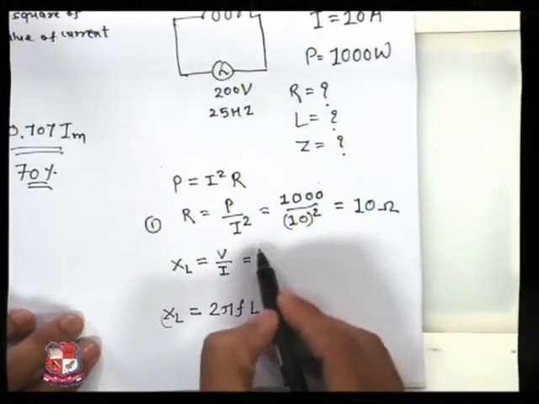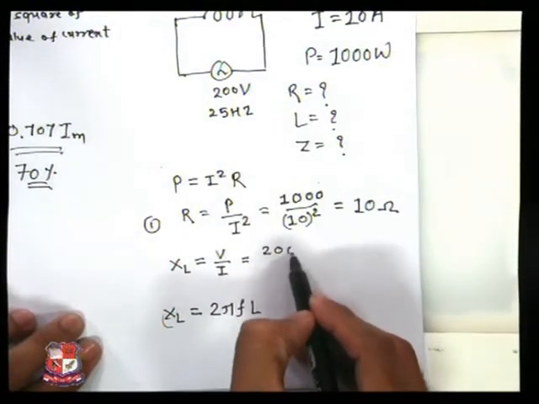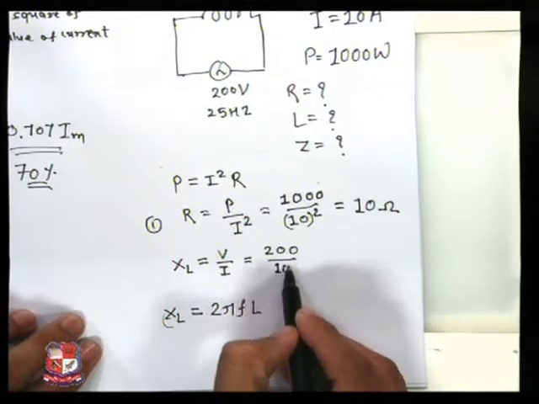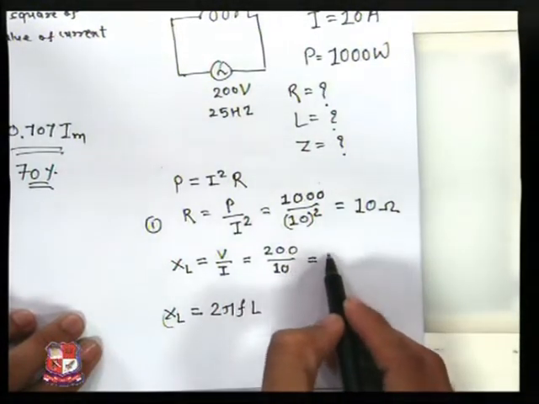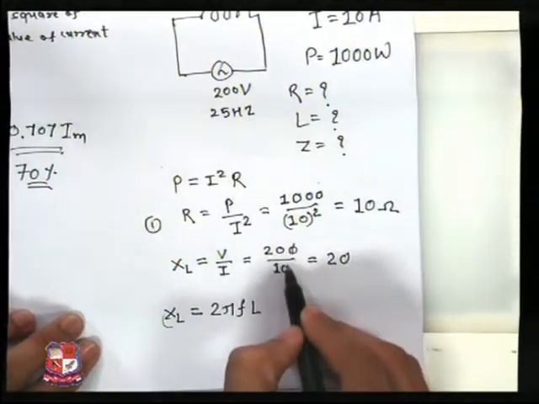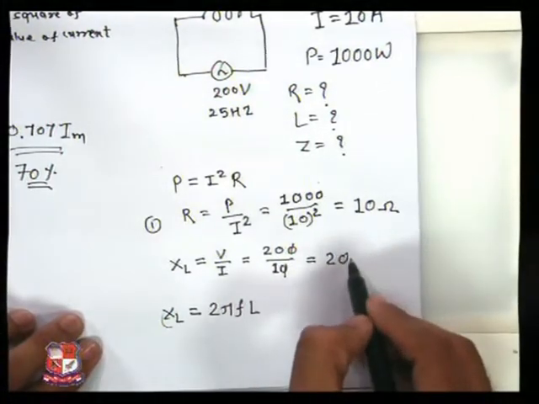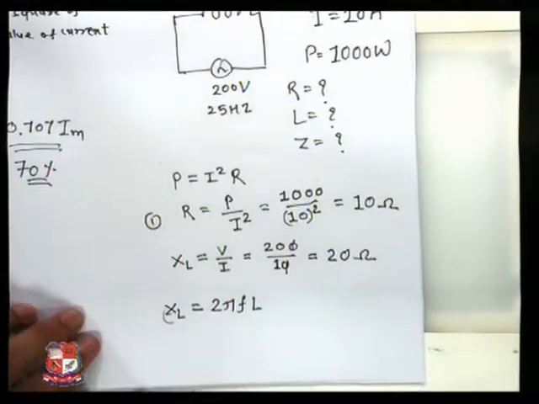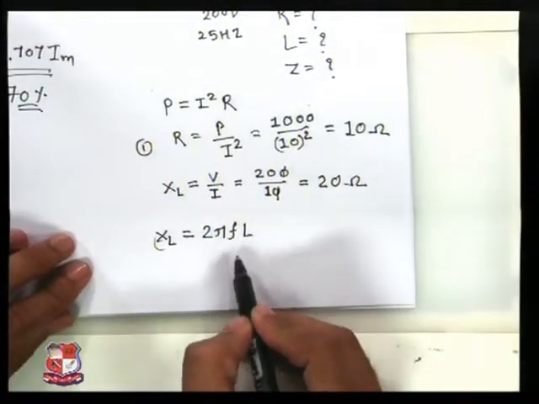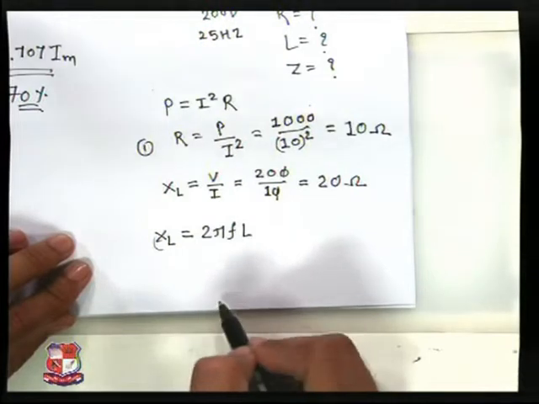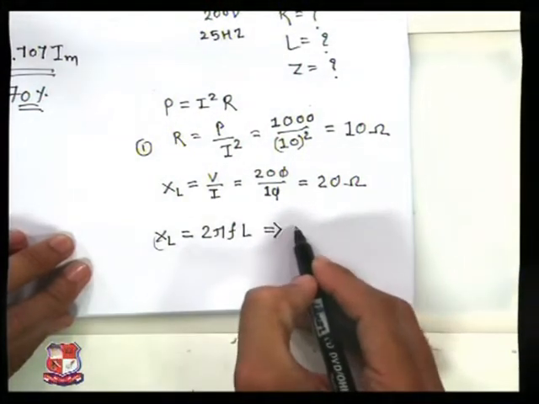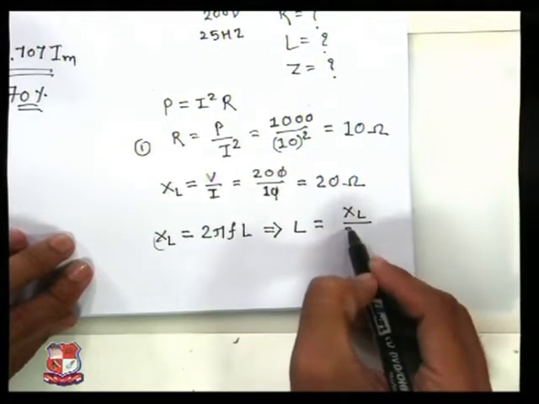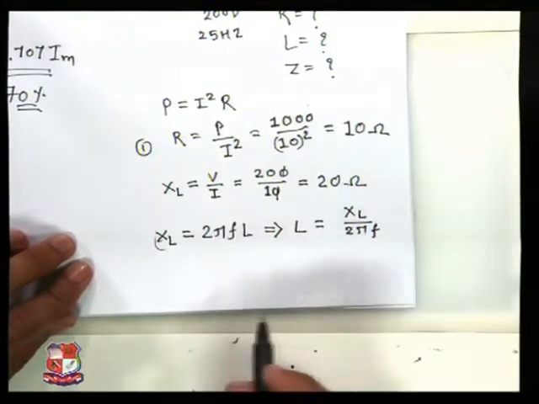So I get 200 volt divided by current 10. I get a simple answer, the 0 is cut out, and 20 ohm. Now put this value in the given equation. XL is equal to 2 pi FL, hence L equal to XL upon 2 pi F.